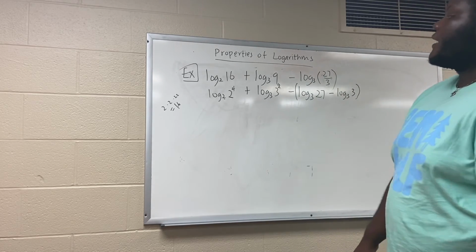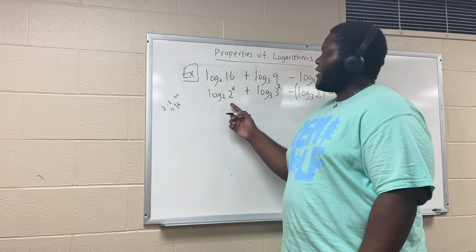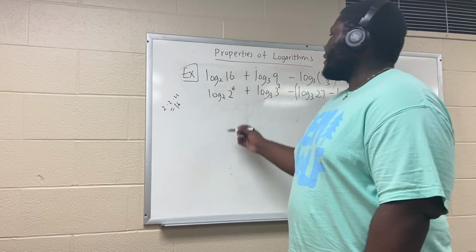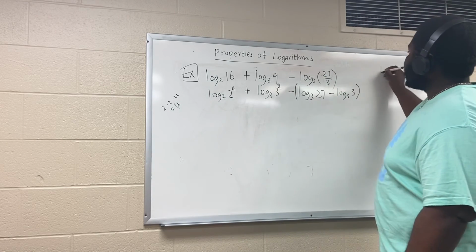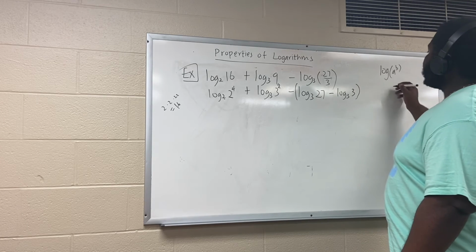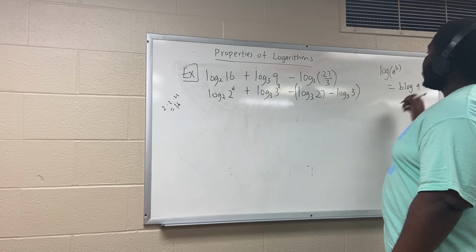Okay, so now we can use a different property to simplify this even further. Remember, if you have log of a to the power b, it's the same as b log of a.